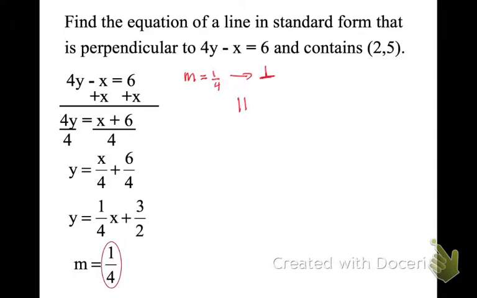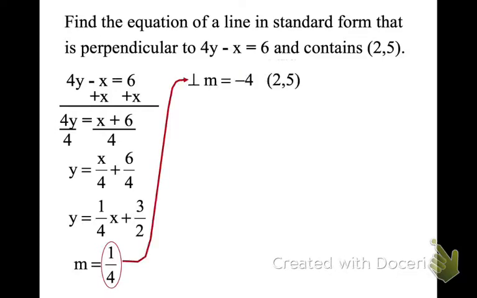This is the symbol for parallel. This is the symbol for perpendicular. The opposite reciprocal is going to be opposite sign. The opposite sign is negative, and the reciprocal would be 4. So M is negative 4. The perpendicular slope would be negative 4.